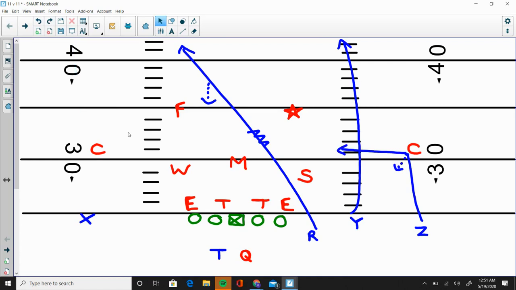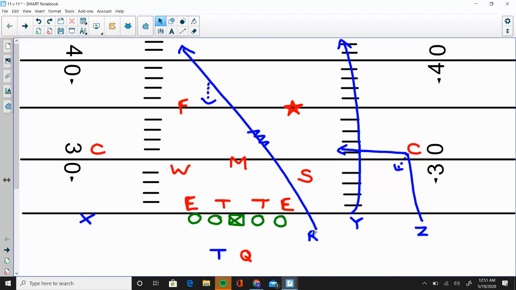All right, now you see something going on here with the R route. His responsibility is going to be to sprint to the opposite hash at about 22 yards downfield. But remember that in a cover 2 or a 2 safety look, the first open space given to us is the middle deep hole.